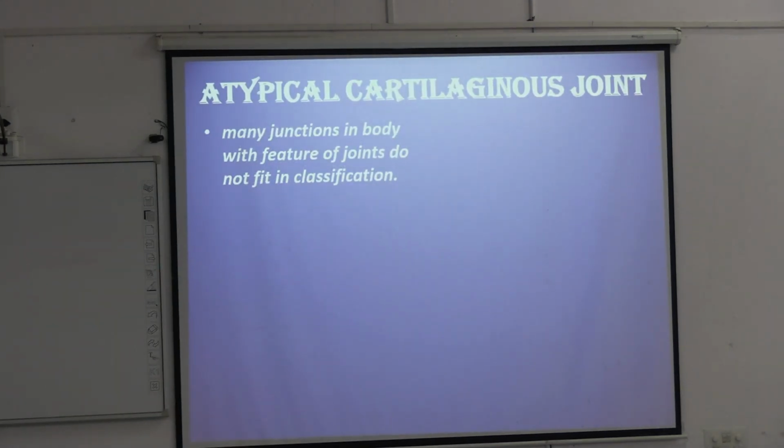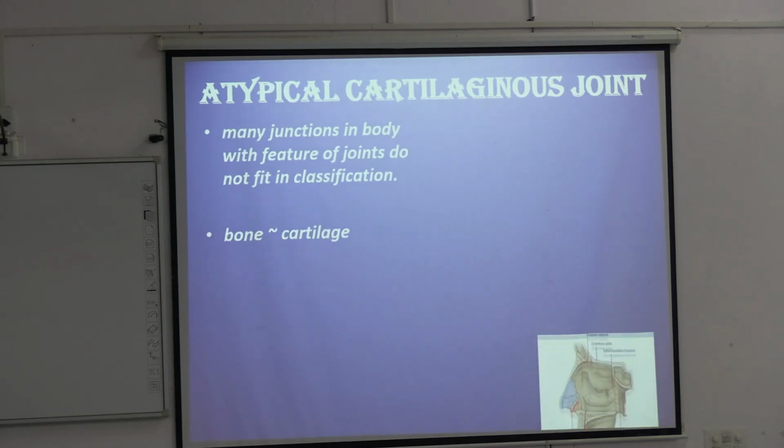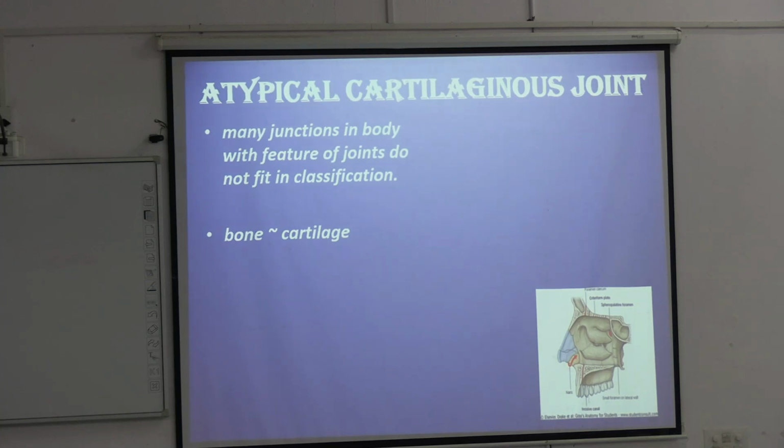Atypical cartilage joint: many junctions in the body with features of joints do not fit into the classification. So that is another group, the atypical cartilage joint. Bone with cartilage, here.